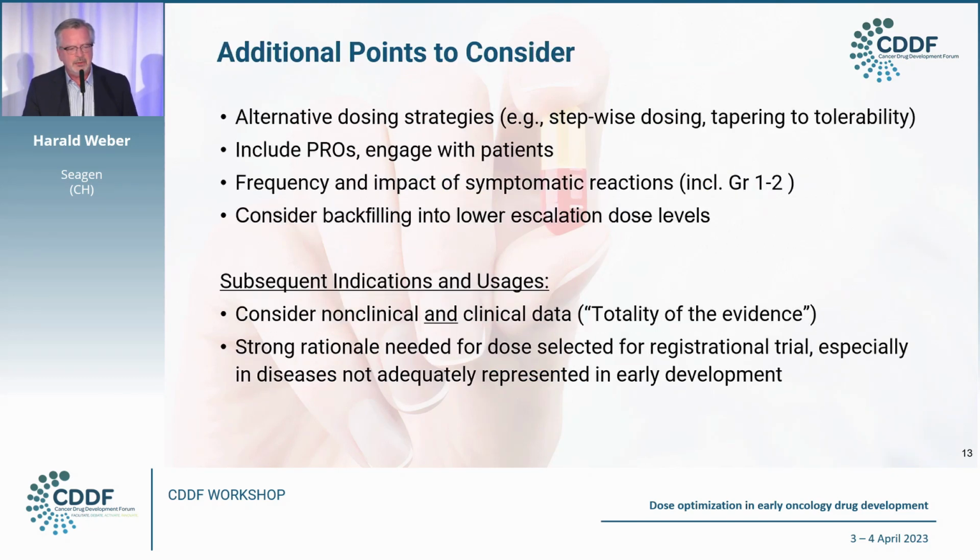Some additional points to consider, just to highlight, include PROs, engagement with patients, a higher frequency and impact of symptomatic reactions, grade 1 and grade 2 adverse events, and what we need to do in order to support subsequent indications and usages, considering non-clinical and clinical data, and a strong rationale to be built to support the dose finally selected for the registrational study.